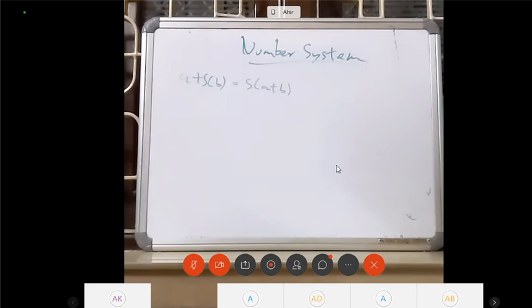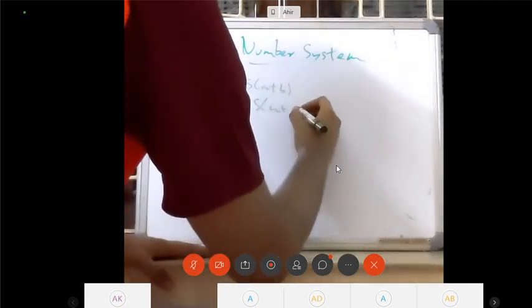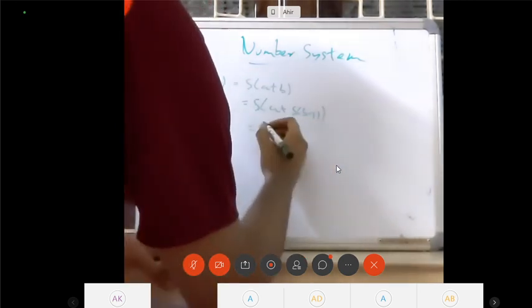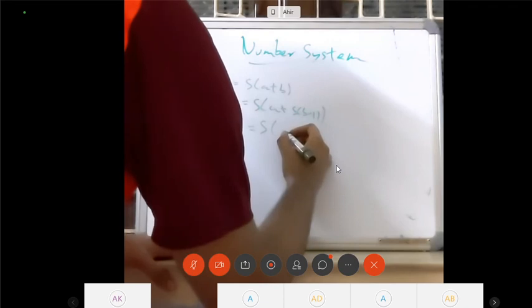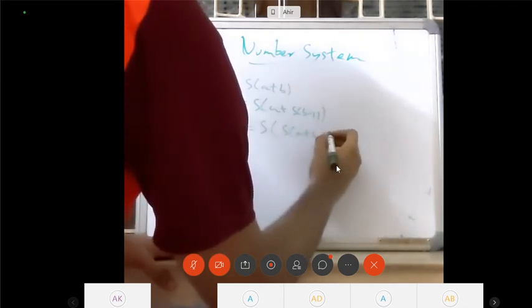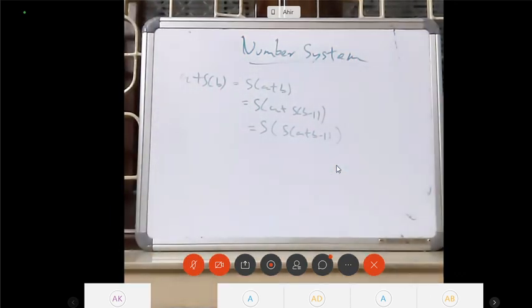B is S of B minus 1. So this is S of A plus S of B minus 1. What is this? This is S of A plus B minus 1. So basically, can you see how it's becoming recursive?